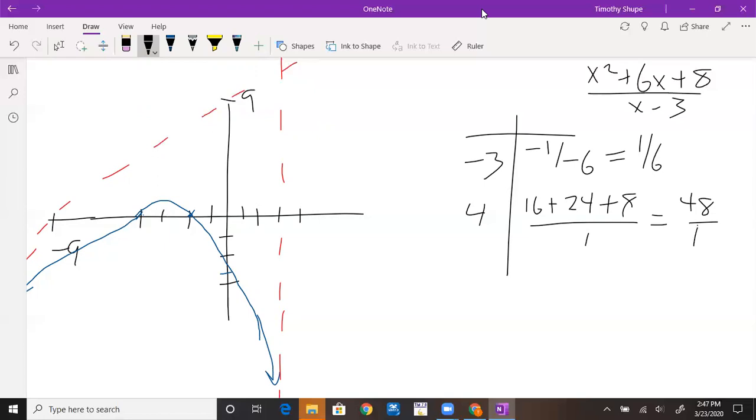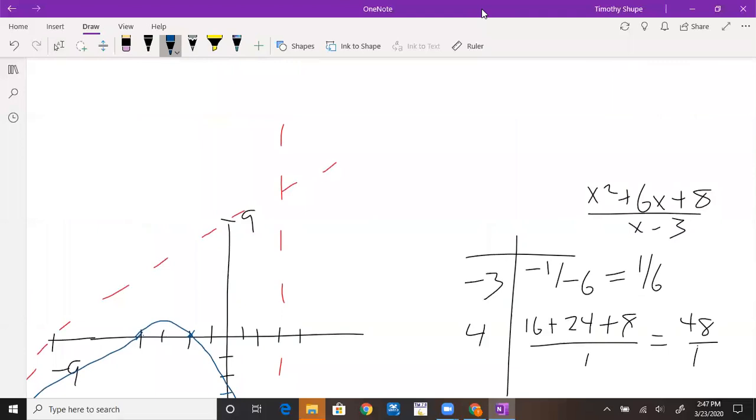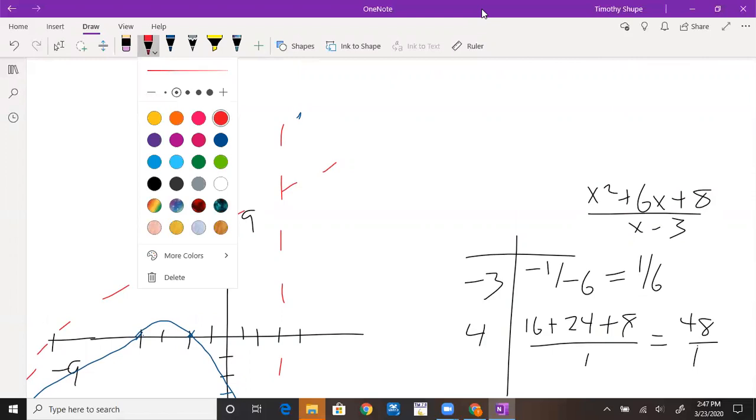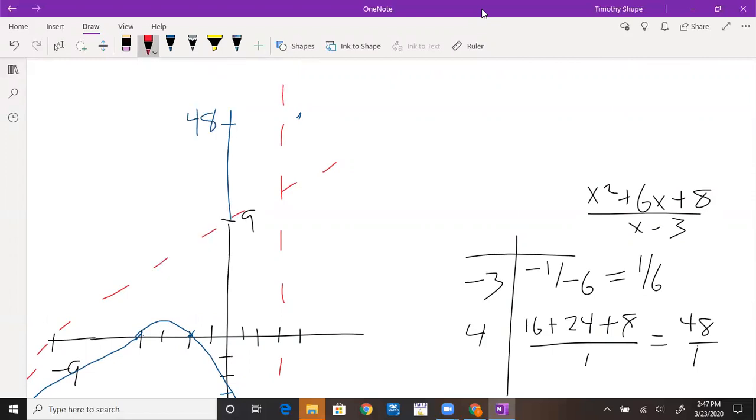So that's all over 1. That's going to be way up high here. So I'm going to extend my vertical axis, call this a 48 here, and put my point, and then recognize that as I extend this vertical asymptote and extend this oblique asymptote, this graph is going to come through here and approach that asymptote and approach that asymptote.